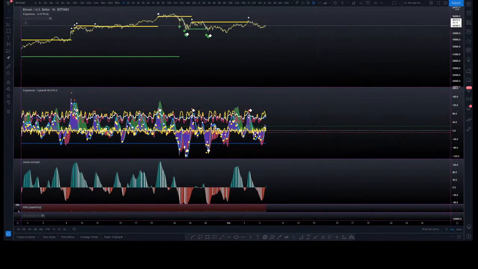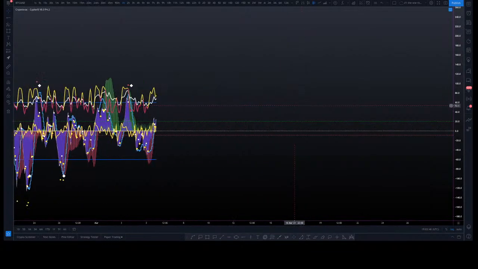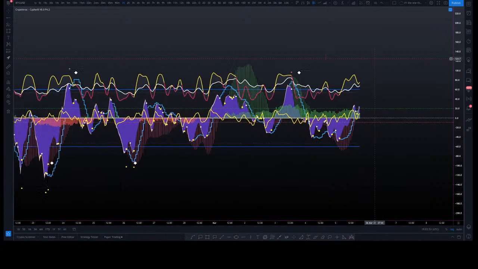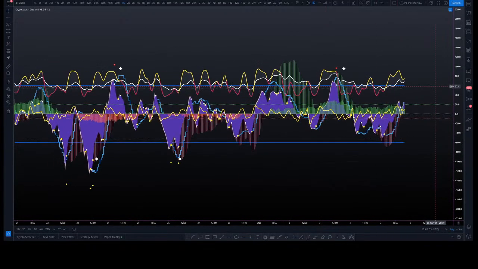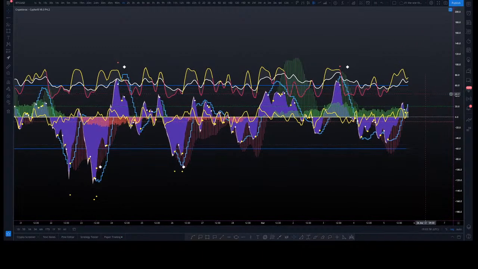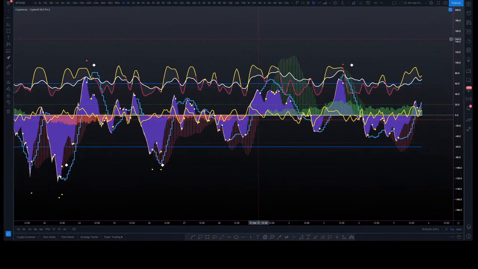B is very cool as well, and it's very different from what you see out there. A lot of people will refer to this as a market liberator, market cipher, market this, market that, whatever.